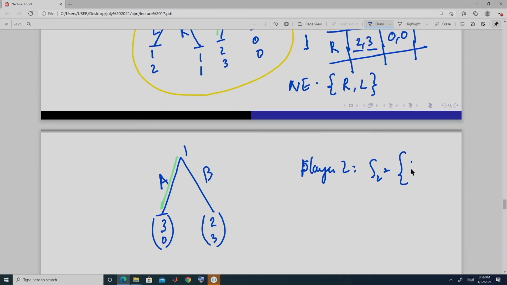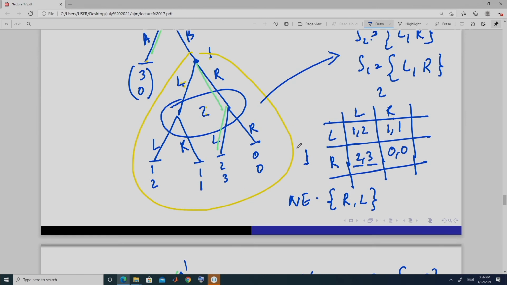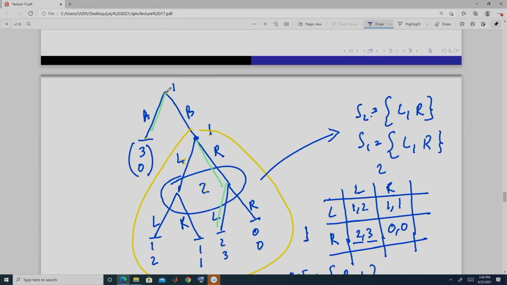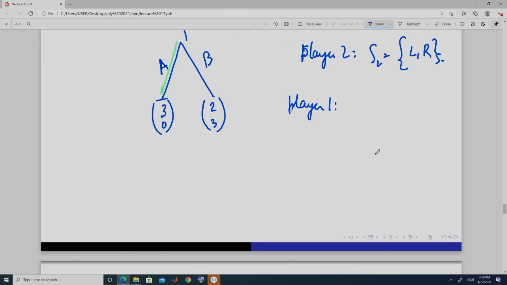So, it is L and R. But for player 1, it is taking decisions at 2 nodes, here and here, right. So, it is going to be A L, A R, B L, B R. This is the strategy set of player 2.